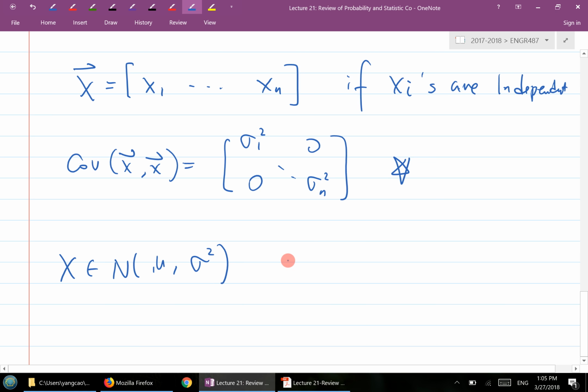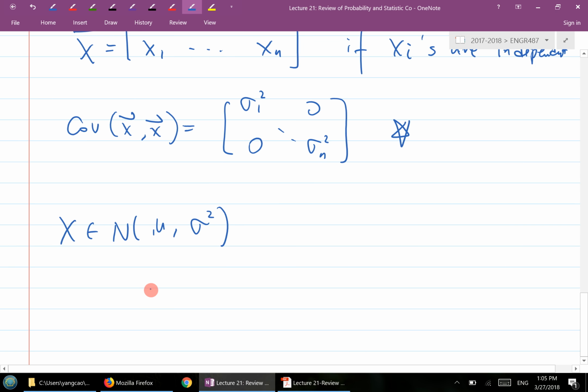In MATLAB, you create this x as x equal to mu plus the standard deviation multiplied by a MATLAB function called randn, and you can generate however many samples you want, for example 1,000 data points. The result gives you a Gaussian distributed random variable with mean mu and variance sigma squared.